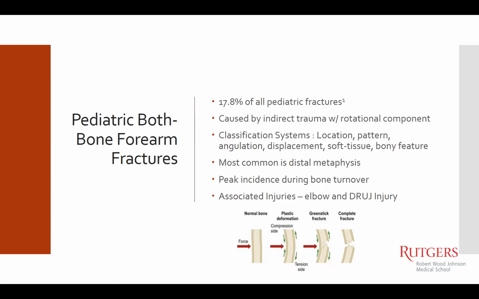Pediatrics is unique because their bone is softer, so you can get buckle fractures, torus fractures with compression and no cortical disruption. You can have greenstick fractures, with intact cortical bone, where the cortex is disrupted on the tension side. You can have a complete fracture or just plastic deformity. So again, you want to take all these considerations into how you're going to be managing it.